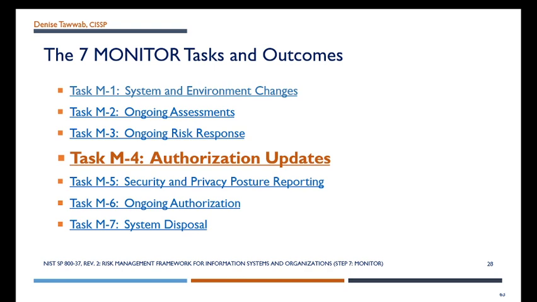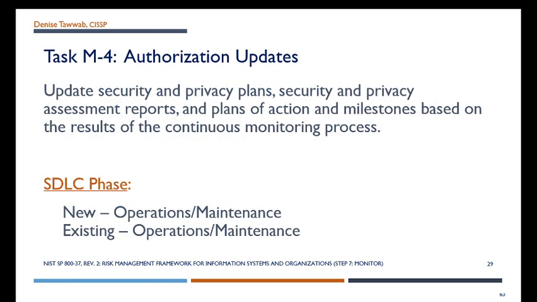The fourth task in the monitor step of the risk management framework is authorization updates. In this task, you update security and privacy plans, security and privacy assessment reports, and plans of action and milestones based on the results of the continuous monitoring process.